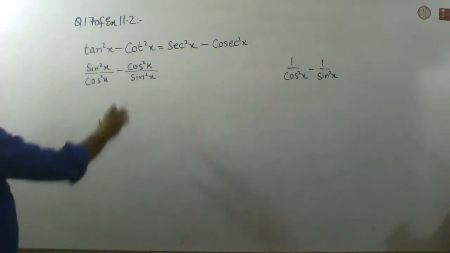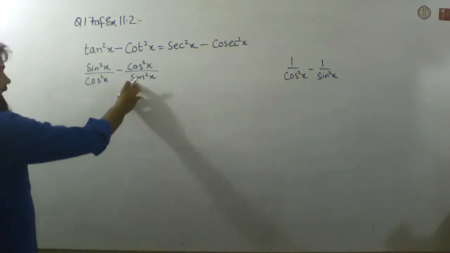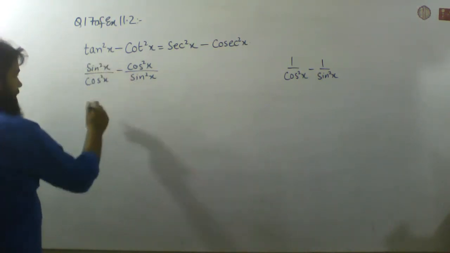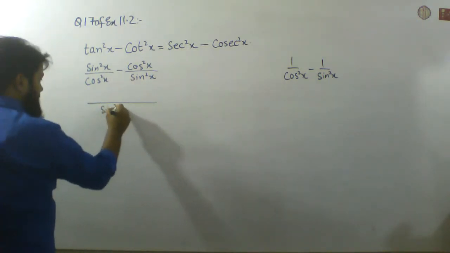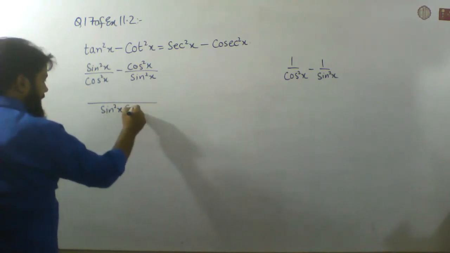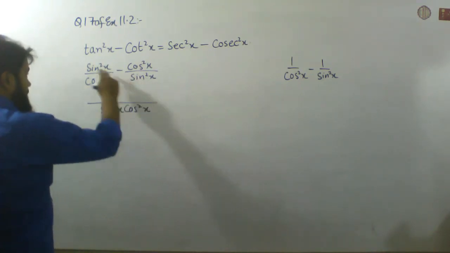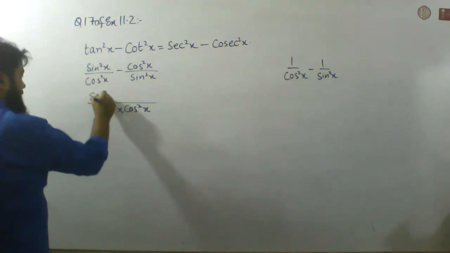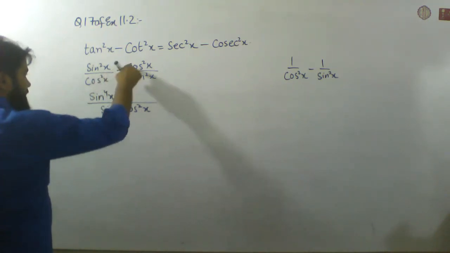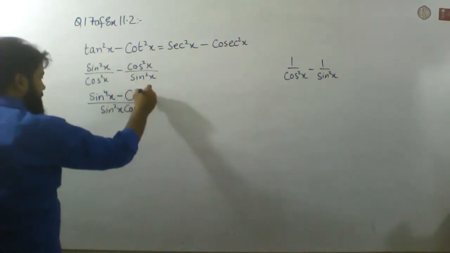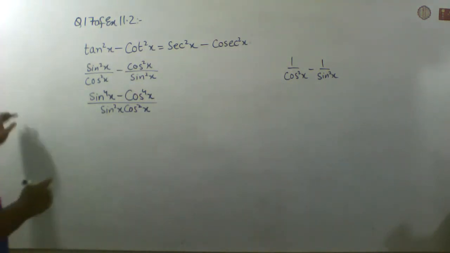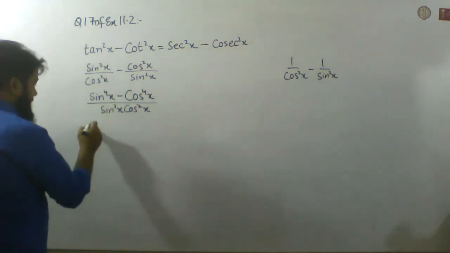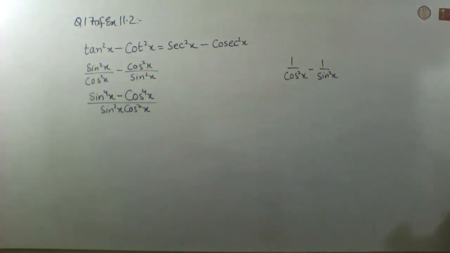After that, I can take the LCM over here: sin square x cos square x. This multiplied by this will become sin 4x, and this multiplied by this will become cos 4x.